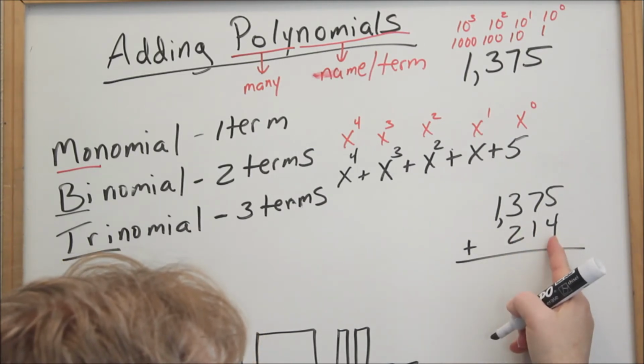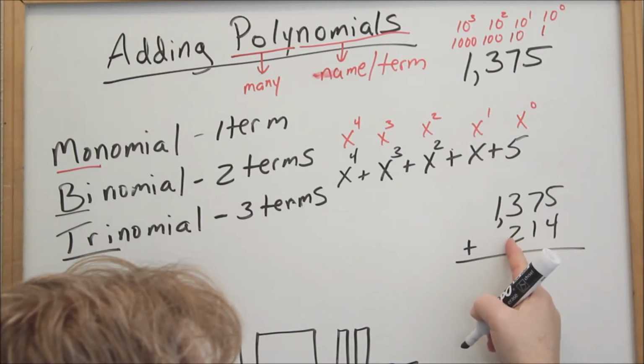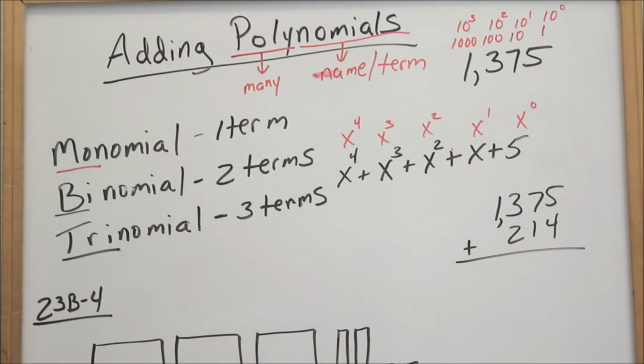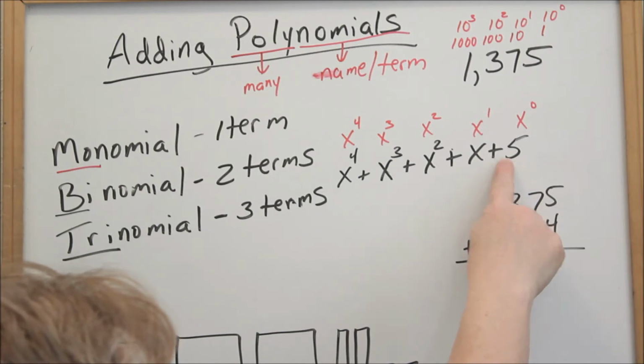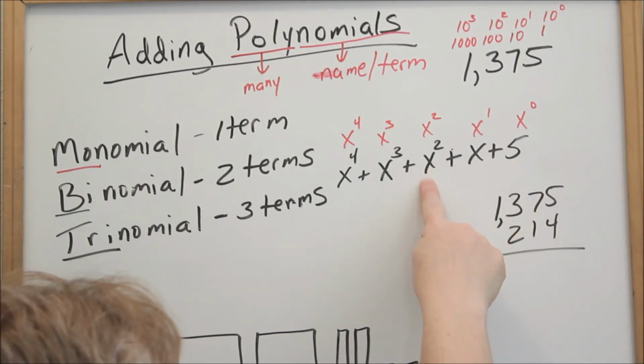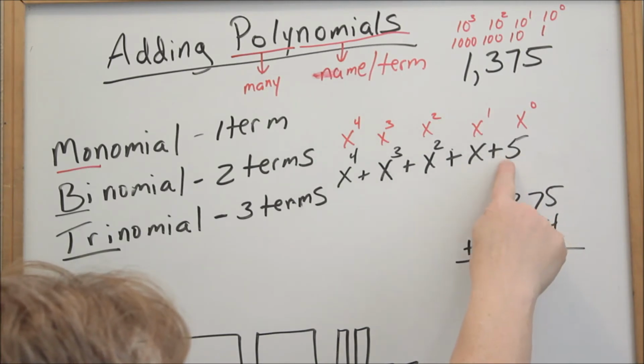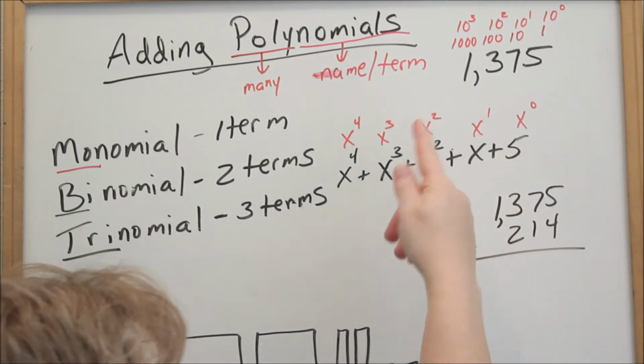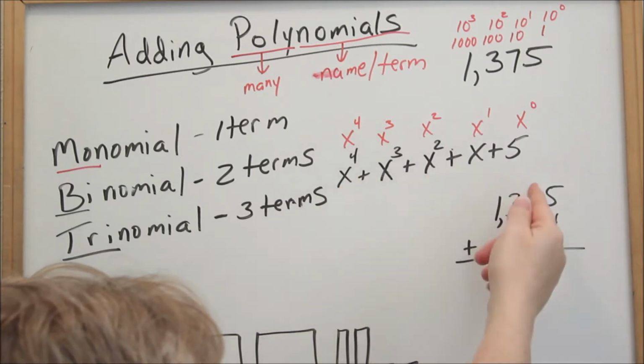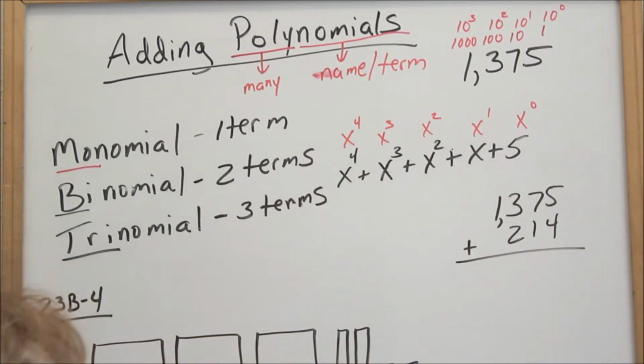I can only add ones to ones, tens to tens, hundreds to hundreds. The same is true in the algebra world. You can only add numbers to numbers, x's to x's, x squares to other x squares, x cubes to other x cubes. Remember, this is like saying apples, bananas, oranges, strawberries, and blueberries. You can only add apples to apples, bananas to bananas, oranges to oranges, and so forth.